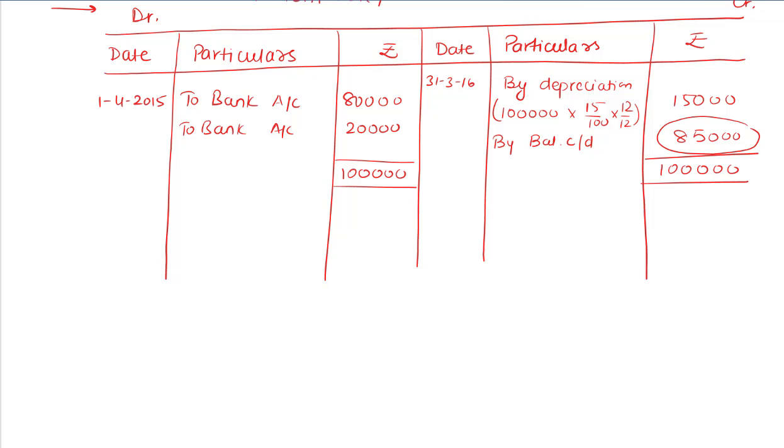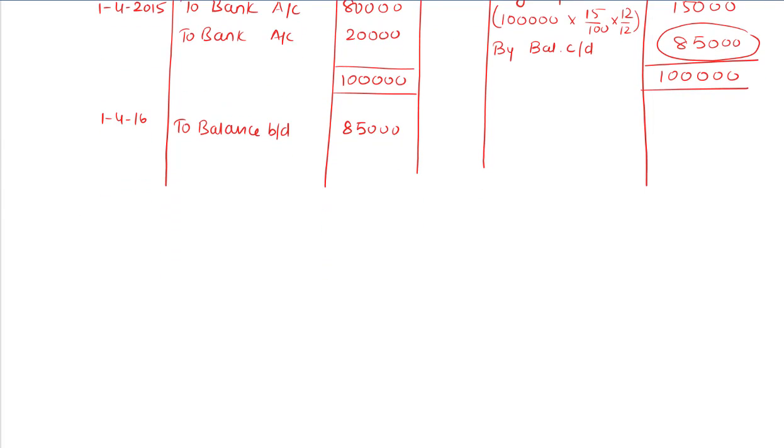This 85,000 will become to balance brought down over here, and the date would be 1st of April 2016. I believe you understood till here.